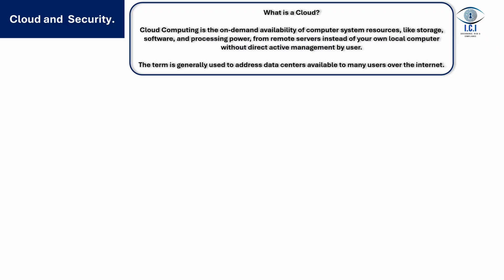So the first point there is on-demand availability of computer system resources, meaning that the resources that normally you would have built in your physical location, you don't need to build when you don't need them at that moment. The moment you need it, there's someone somewhere else that has built that infrastructure on ground.